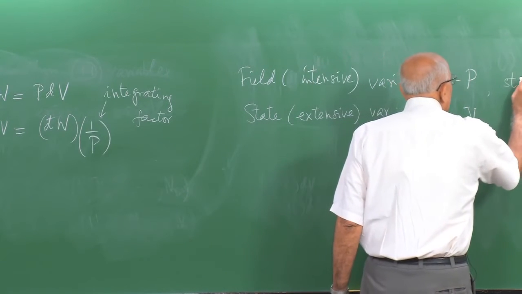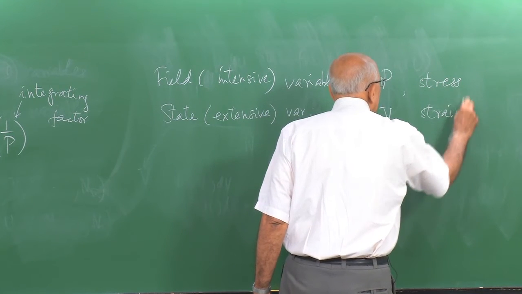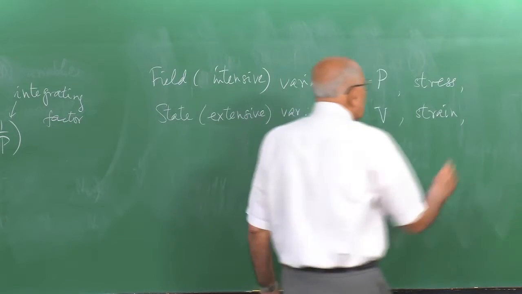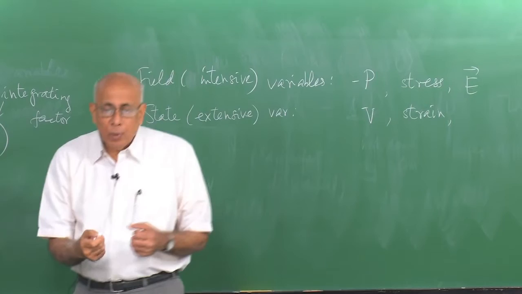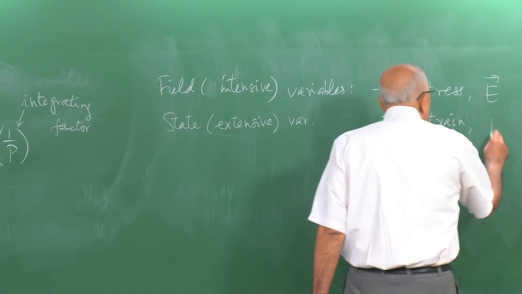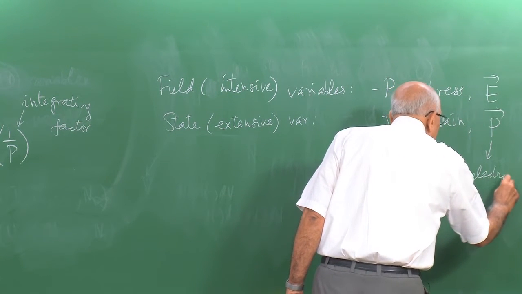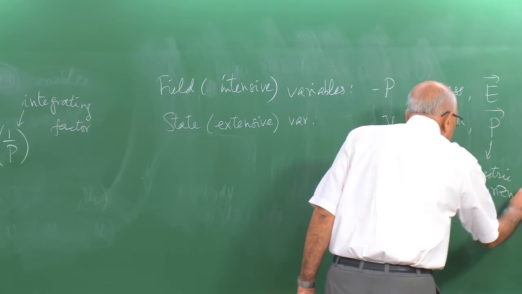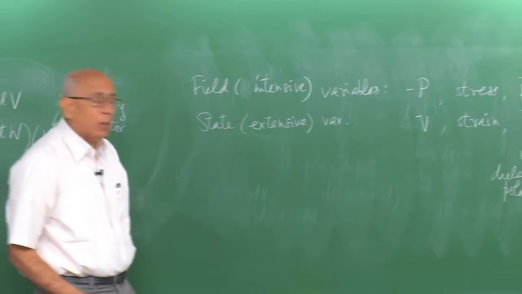In general, stress, strain out here. You could apply an electric field to a dielectric. So, that is a field variable E, and then the dielectric would respond by getting polarized. So, the dielectric polarization P is a state variable as a response.